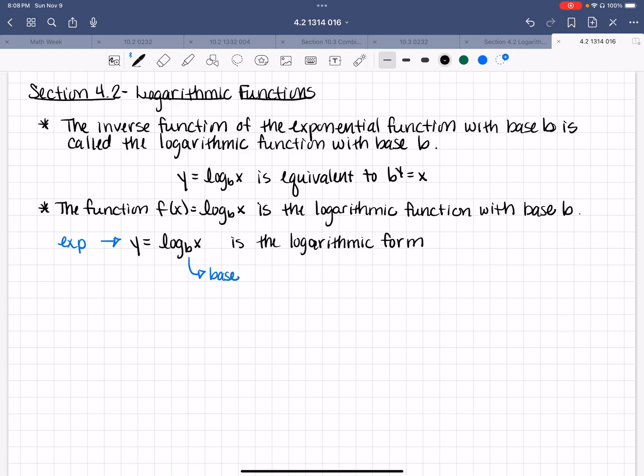And then we have b to the y equals x, and here's my base b, and y is my exponent. This is the exponential form.